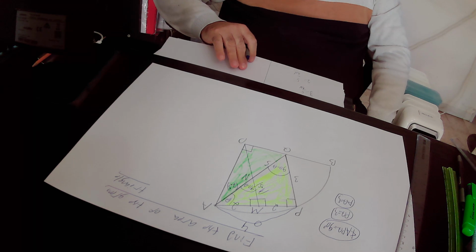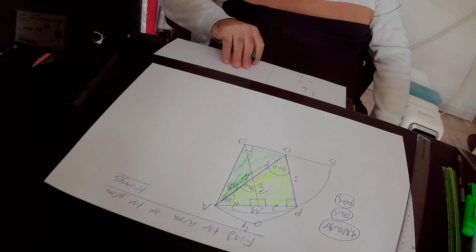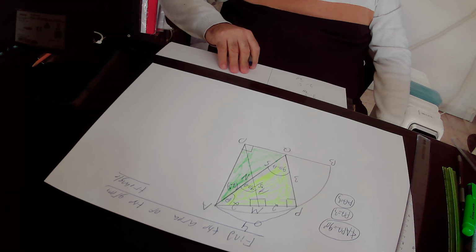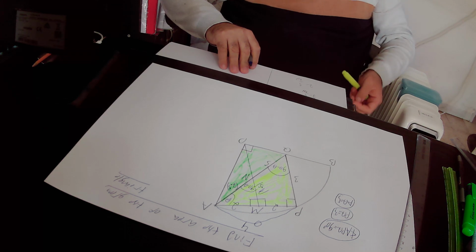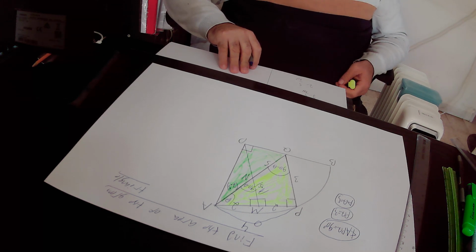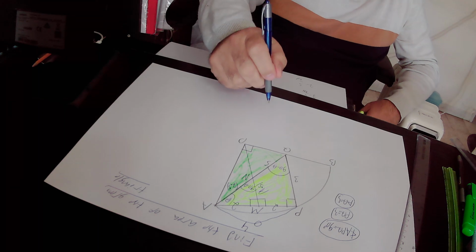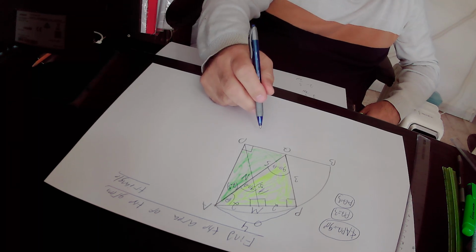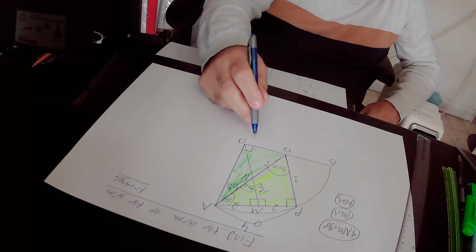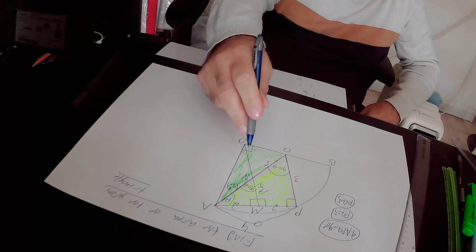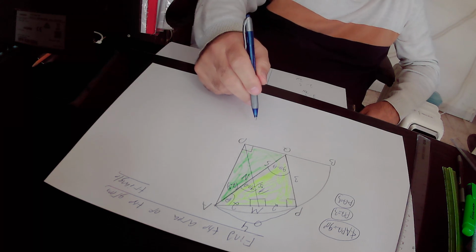We know that any triangle can be blocked by a circle. Again, any triangle can be blocked by a circle. So we block the right green triangle AQO by a circle.